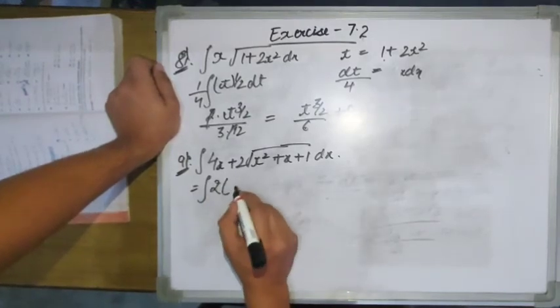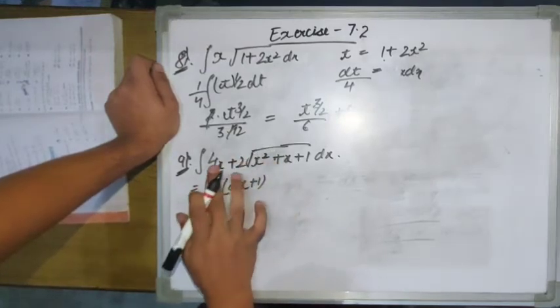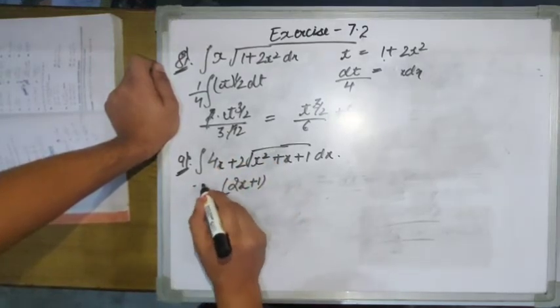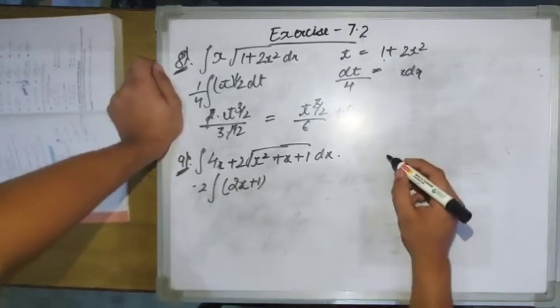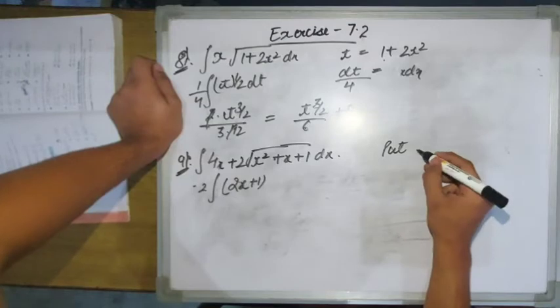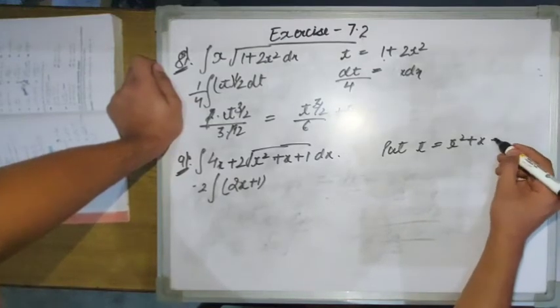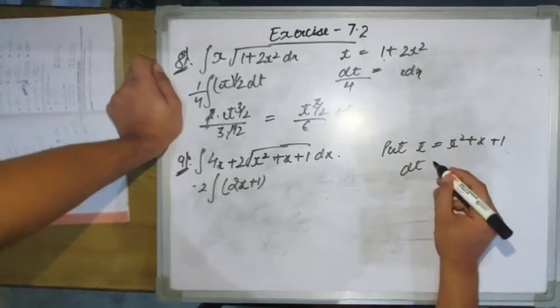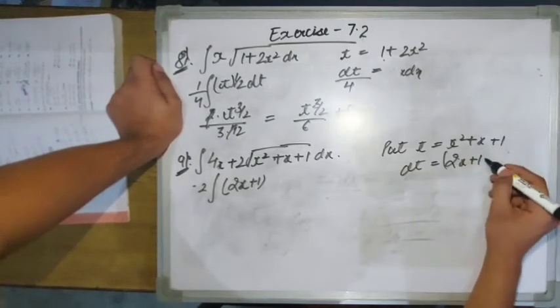Taking out 2 common, we have 2x plus 1 here, and taking this 2 out of the bracket, out of the integration, sorry, and put t equals x square plus x plus 1, dt equals 2x plus 1 dx.